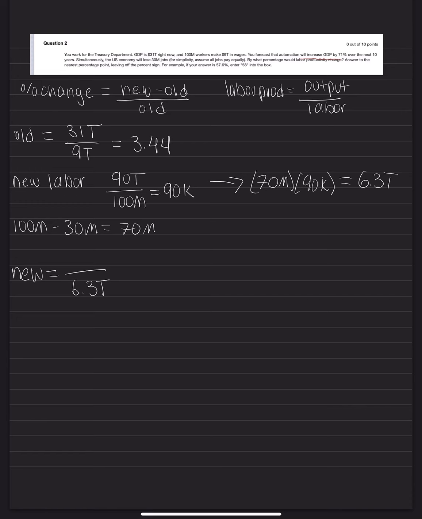And so to do that, we would just take 31 trillion times 0.71 or 71%. And we would figure out that equals approximately 22.01 trillion.